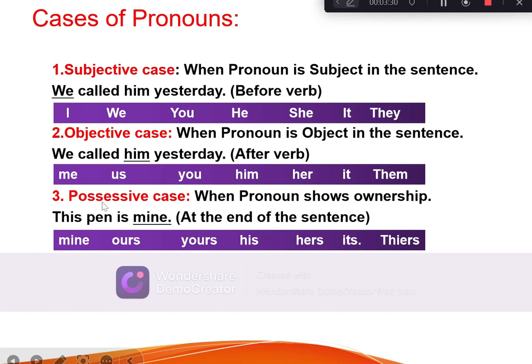Possessive pronouns are mostly used at the end of the sentence. So mine, ours, yours, his, hers, its, and theirs, these are the pronouns which are frequently used as possessive pronouns in the sentence.